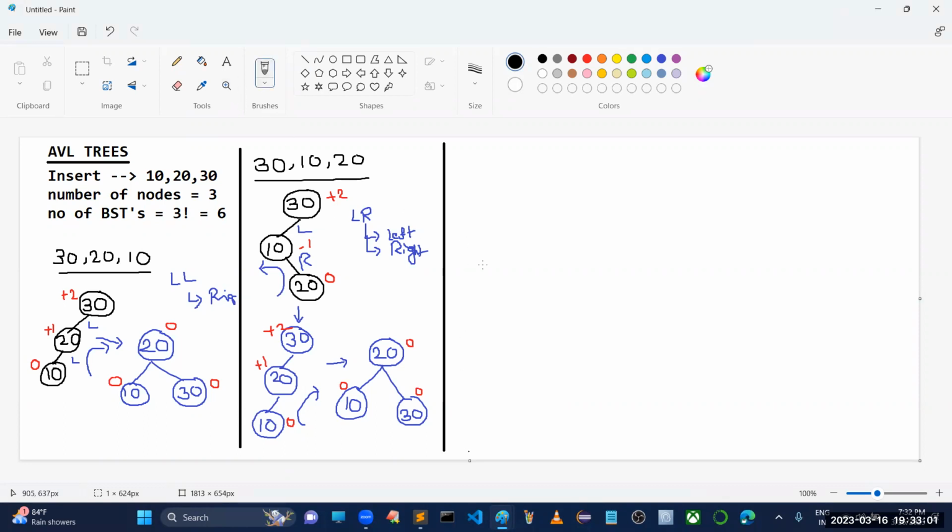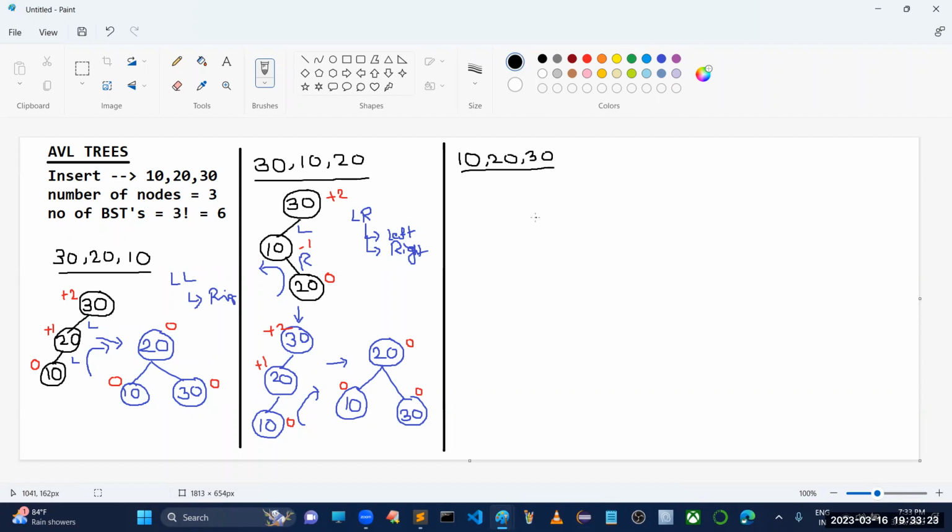The next one, what we have here is, assume the next combination that I am taking. So 10, and the next value is 20, and the next value is nothing but 30. So 10, 20, 30.